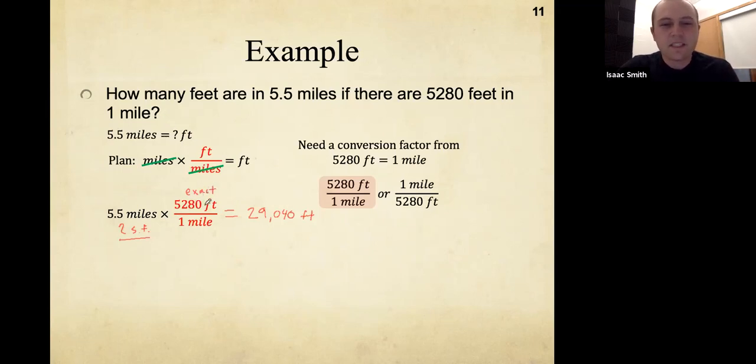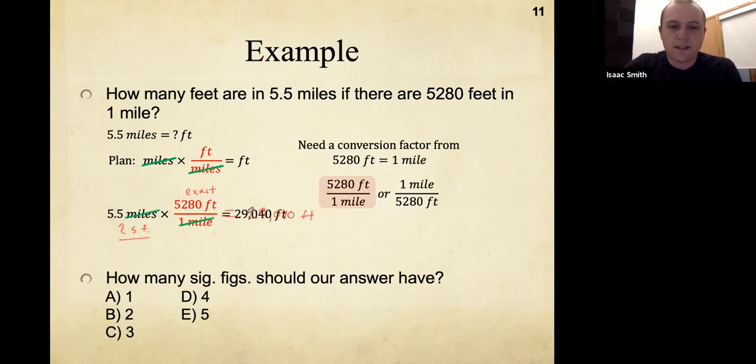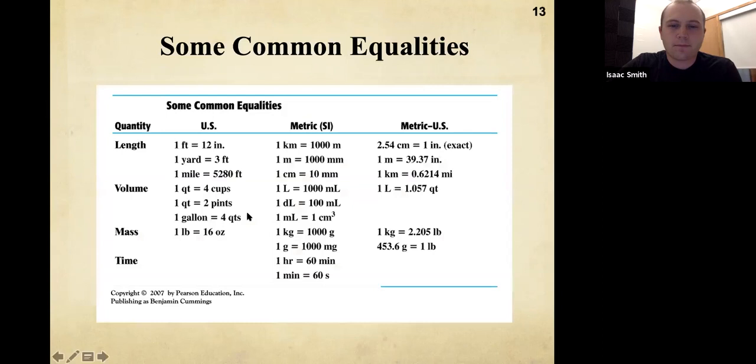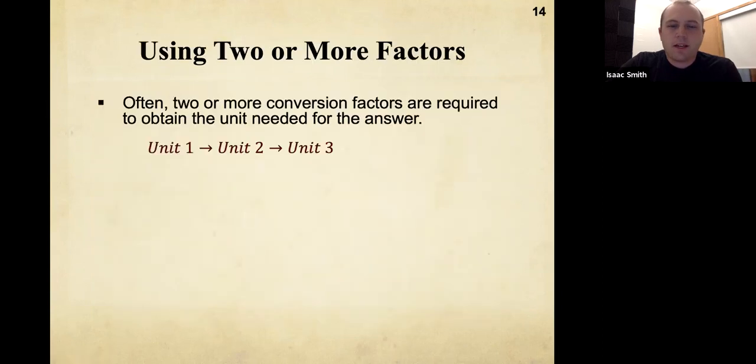And so you don't take that into account when you're determining how many sig figs your answer will have. All right. Hopefully you'll see some practice with that in your homework. Or if you have any questions, email me and we can go over it in office hours and talk about that a little bit more as well.